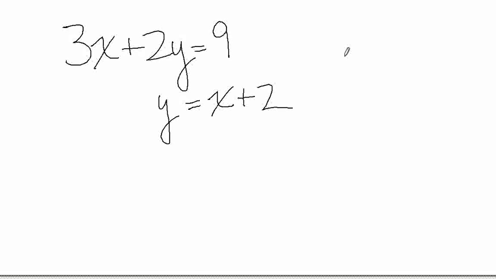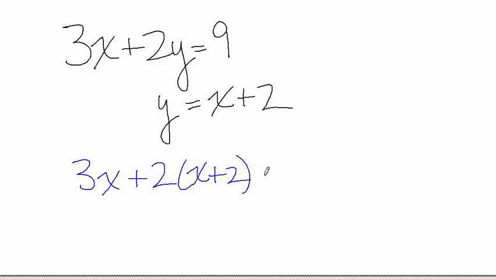Because the second equation says that y is equal to x plus 2, that means that everywhere that y appears in the first equation, it'll still be equal if I replace y with x plus 2. Okay, so let me go ahead and do that. So in the first equation, I'm going to replace y with an equivalent expression, namely x plus 2.